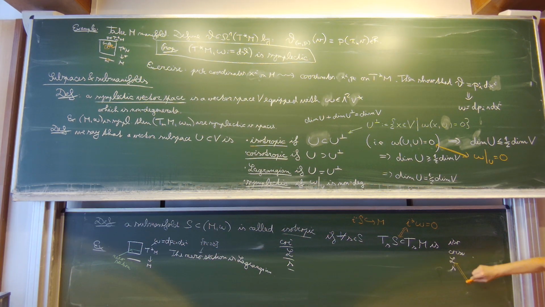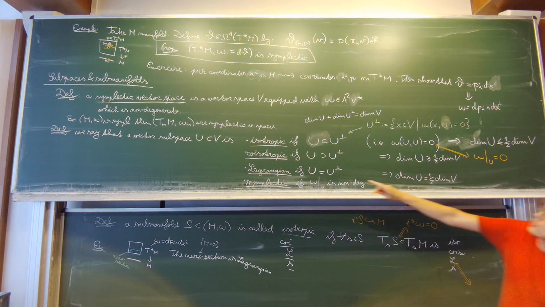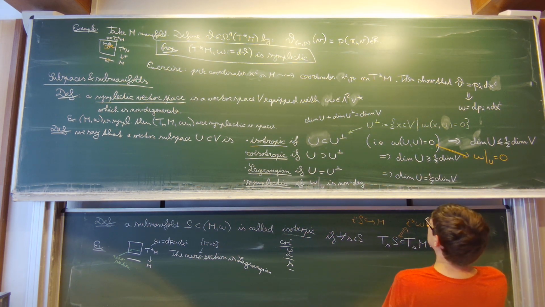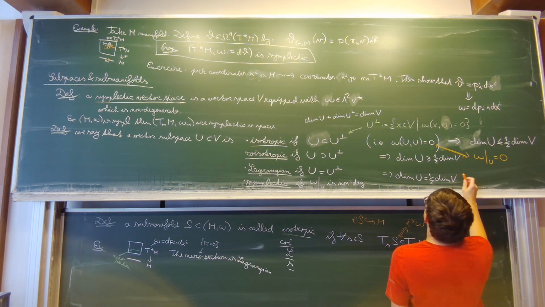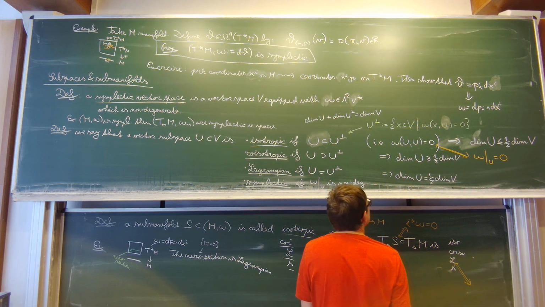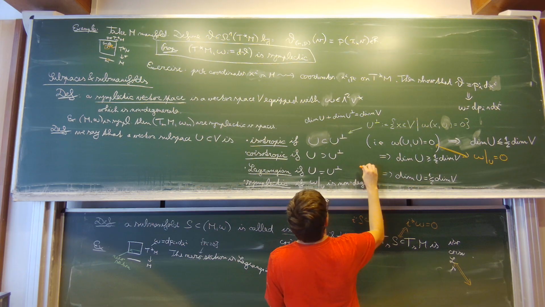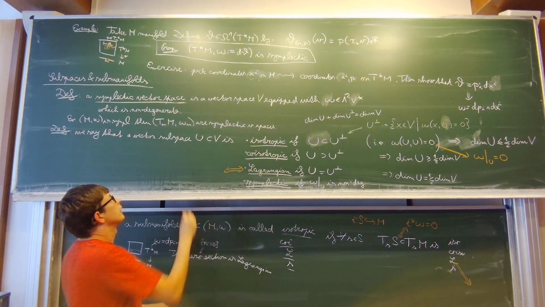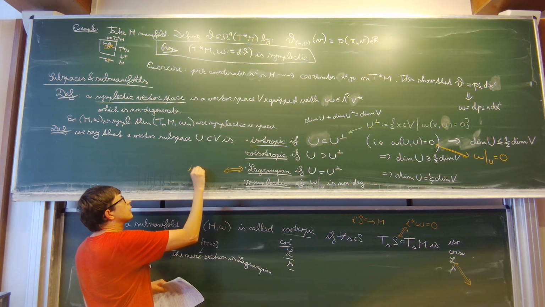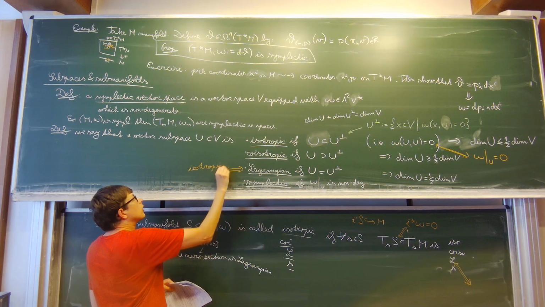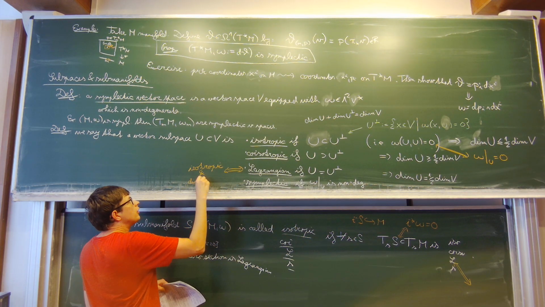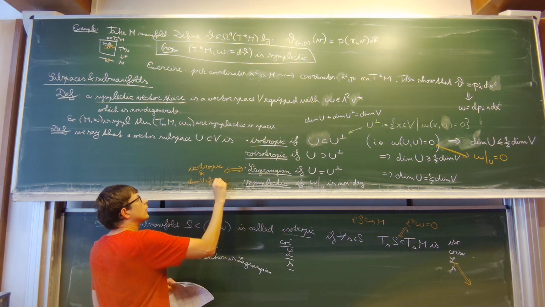So Lagrangianity, if you look here, corresponds to this condition. Let me say it here. Lagrangianity here is equivalent to the condition that it's isotropic and the dimension of U is precisely half.